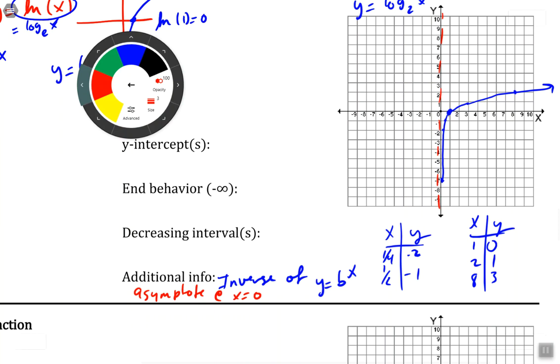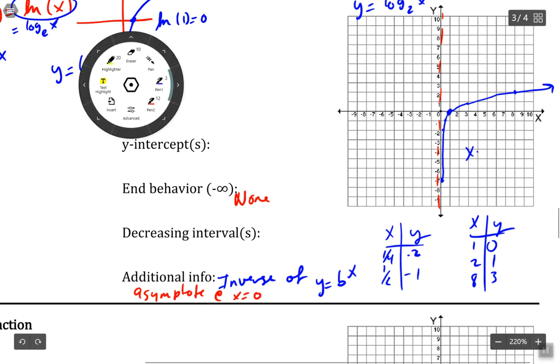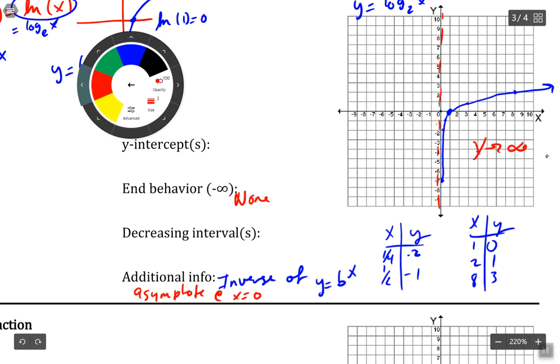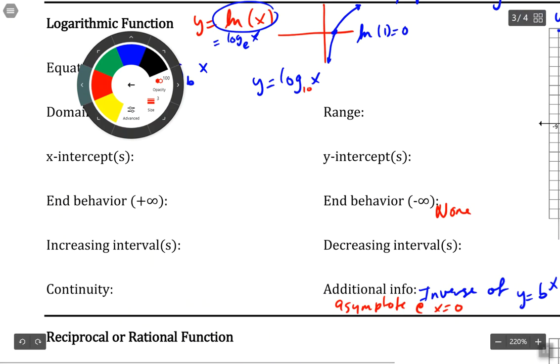So it doesn't exist on that side. As x approaches infinity, what does y approach? It's really slow, but is it going to infinity? Okay, so the only behavior I have is as x approaches infinity, y approaches infinity.